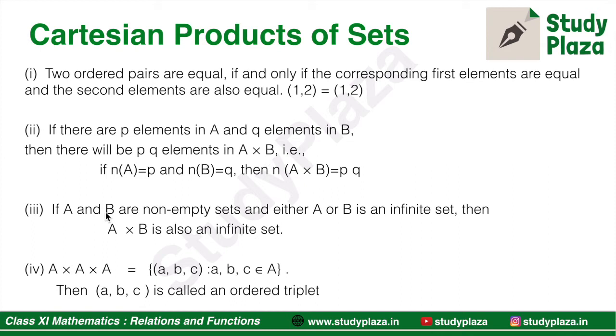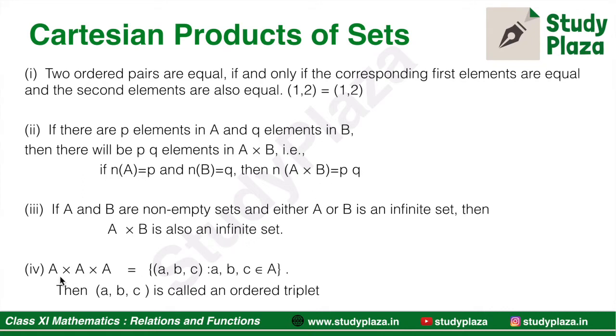The third point is that if A and B are non-empty sets and either A or B is an infinite set, infinite meaning it has an unlimited number of elements, then A cross B is also an infinite set. That is, the Cartesian product of A and B will be an infinite set, which means it has an unlimited number of ordered pairs.